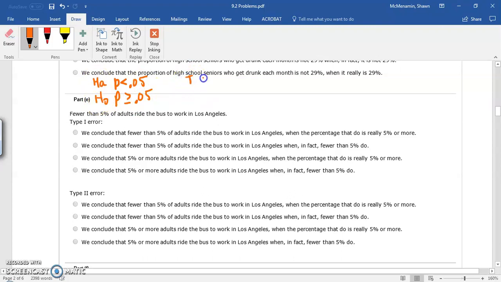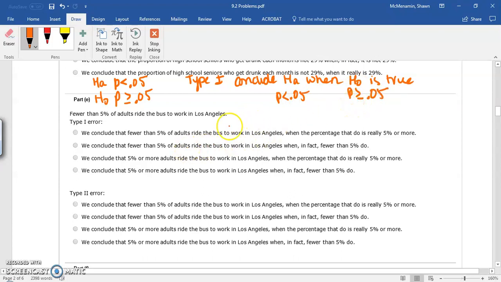A type 1 error is if you conclude HA when H naught is true. The more correct language would be you are rejecting the null when the null is true. So to conclude HA is saying that P is less than 0.05 when in reality P is actually greater than or equal to 0.05.